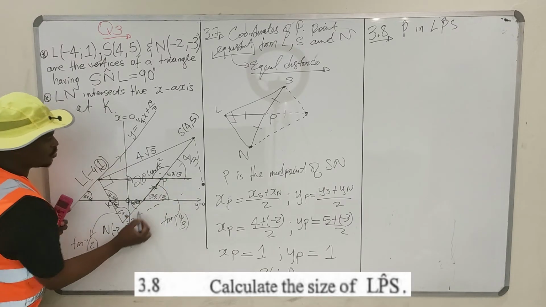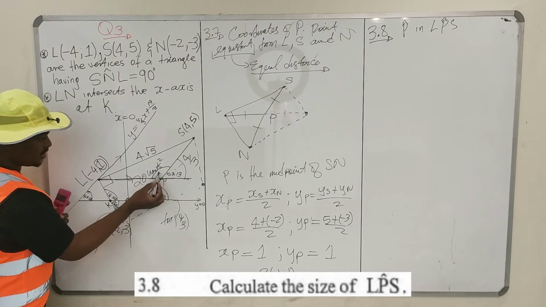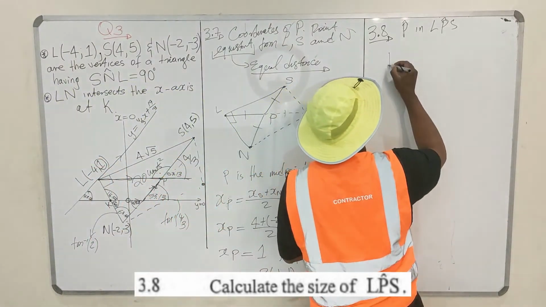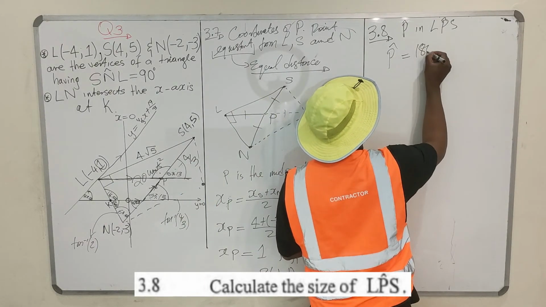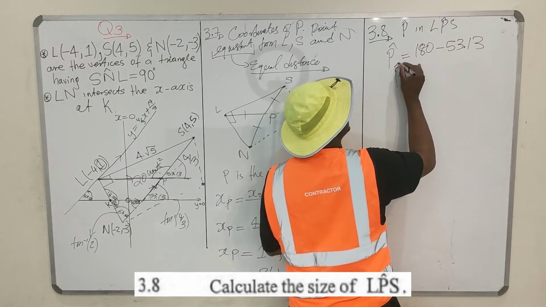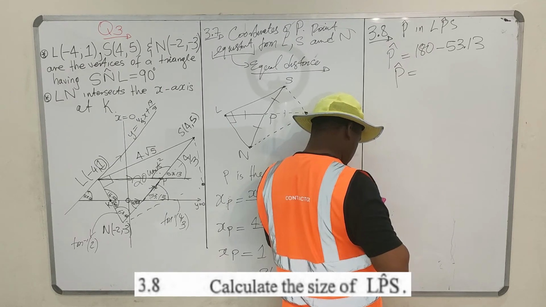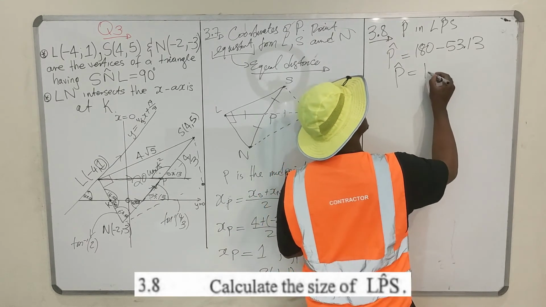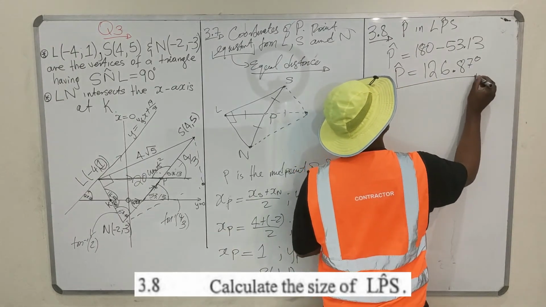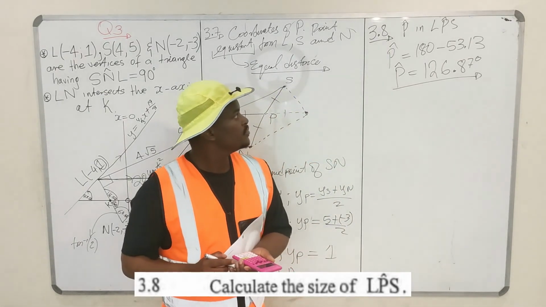You know this and that are corresponding angles, and these 2 angles add up to 180. So your angle P is 180 minus 53.13, which is 126.87 degrees. Done.